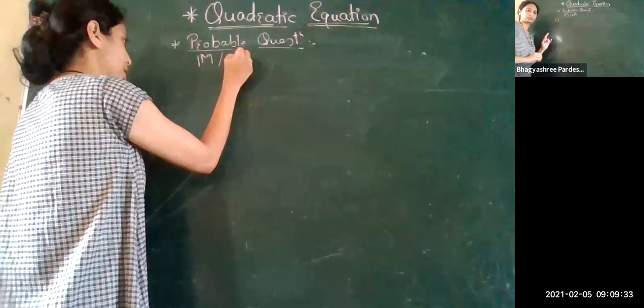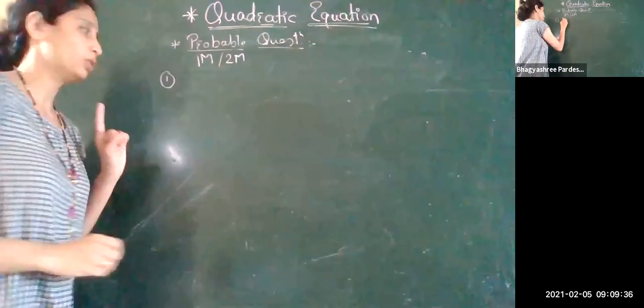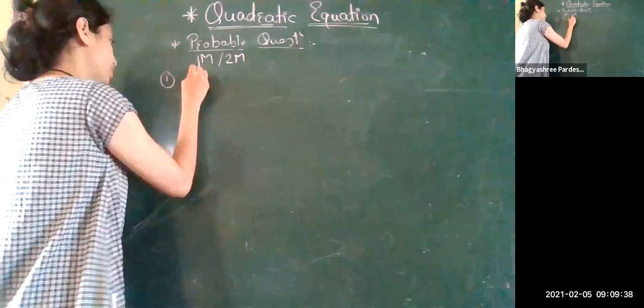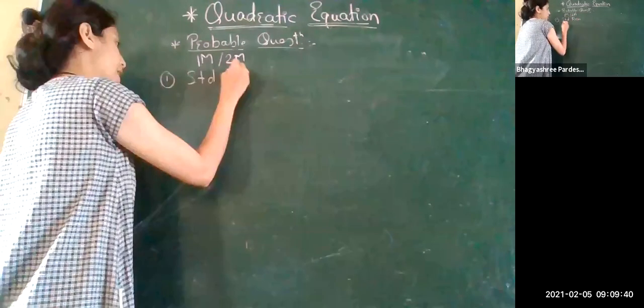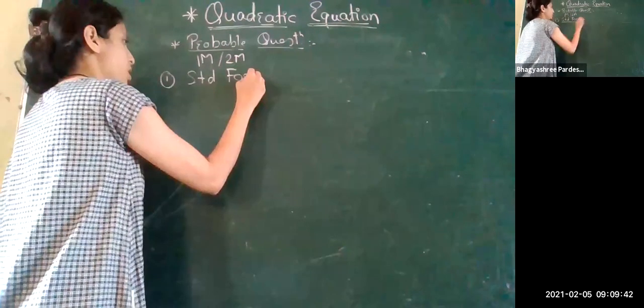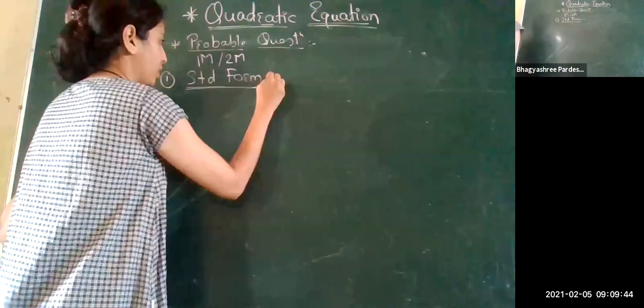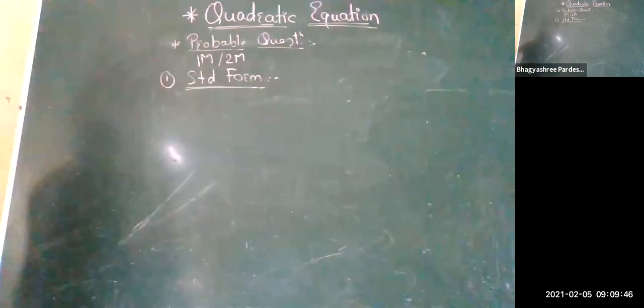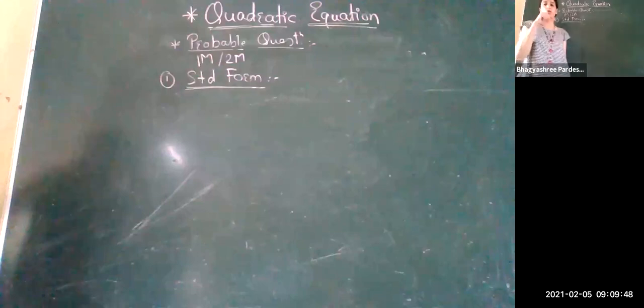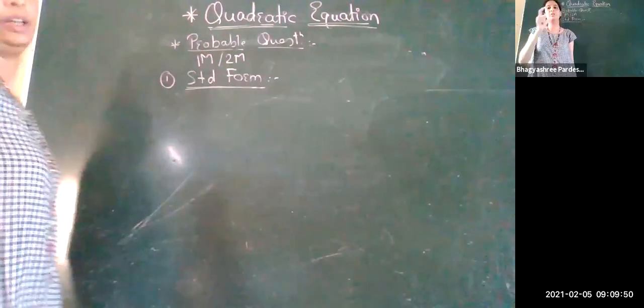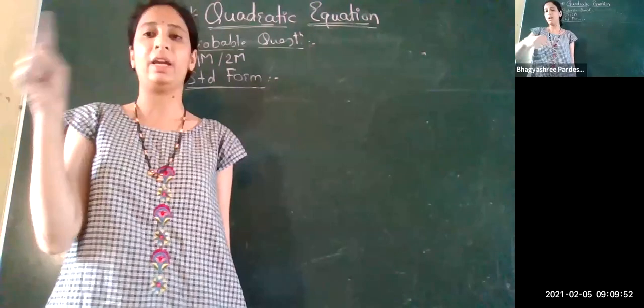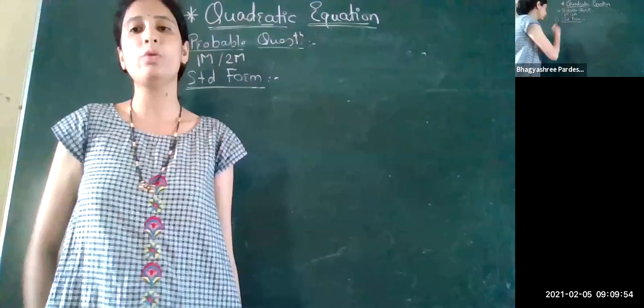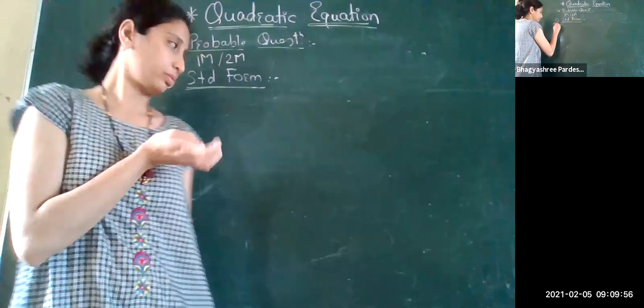So the first, which is the important thing, is the standard form. Let's see which type of question can be asked on this. The question can be asked in question number 1A, that is in the MCQ format.